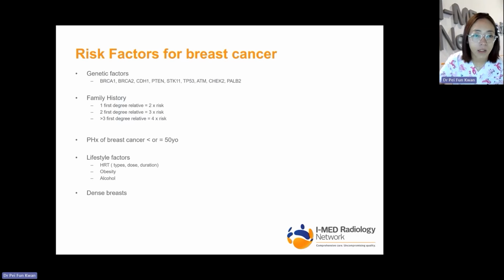Going through some risk factors for breast cancer, we know that genetic factors play a big role, and there are several genes that are known to be associated with increased breast cancer risk: BRCA1, BRCA2, CDH1 and TP53. These are common ones.